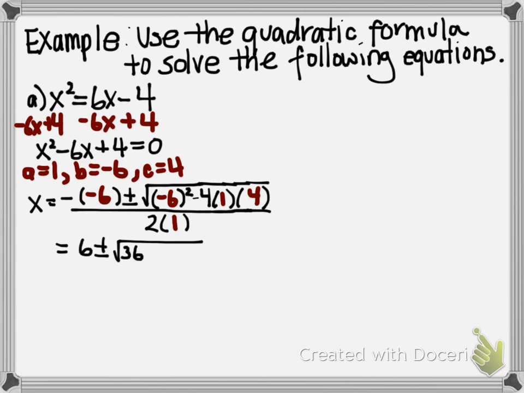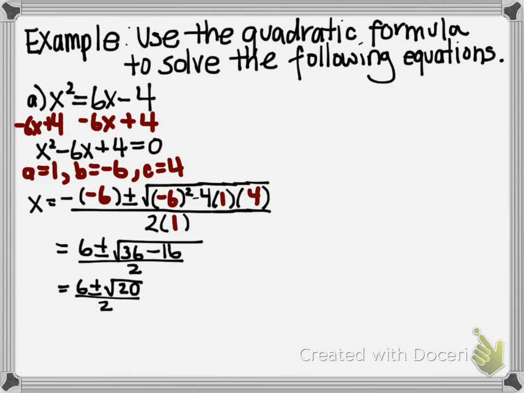It might be easier to take it as a negative 4 rather than thinking of it as subtract 4, so your signs don't get mixed up. So negative 4 times 1 times 4 is negative 16, over 2. Simplifying the root, 36 minus 16 gives you 20.